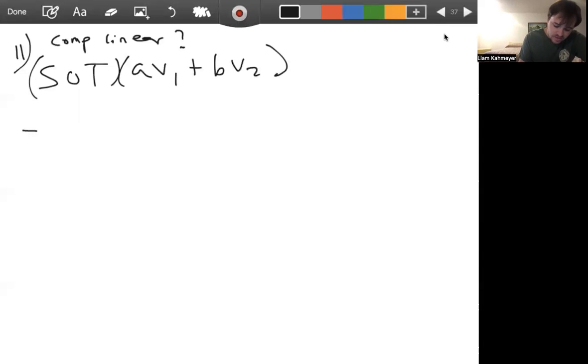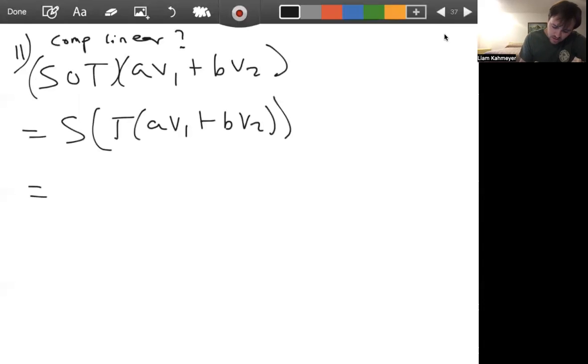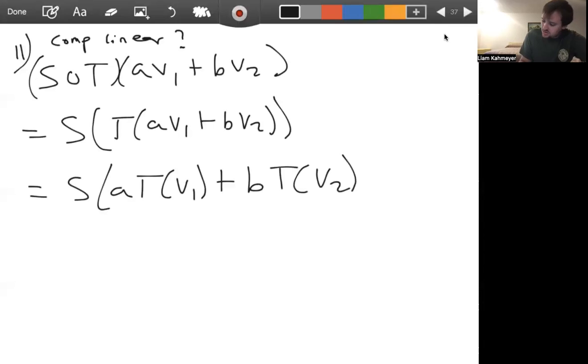This is equal to S of T of (a v1 + b v2), which is equal to S of (a T(v1) + b T(v2)), since T is an isomorphism, so we have this linear transformation property.